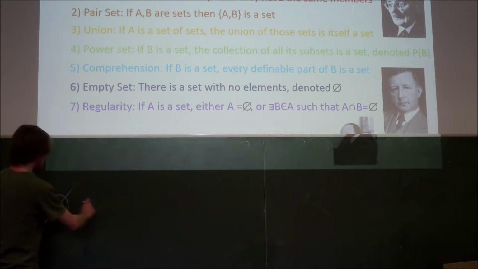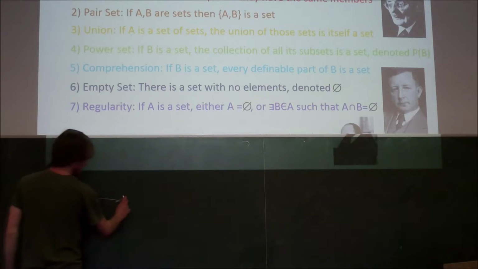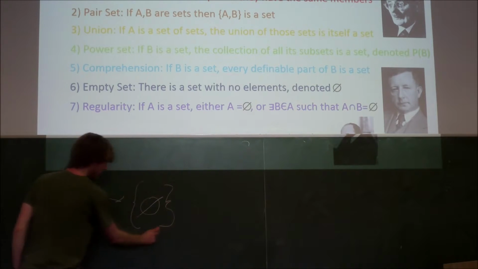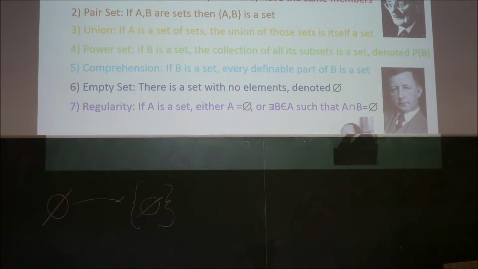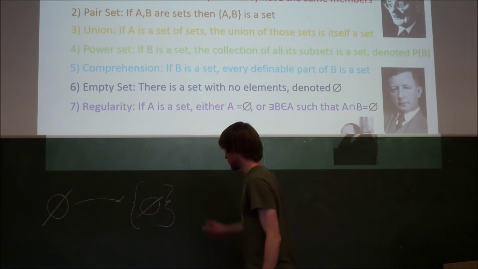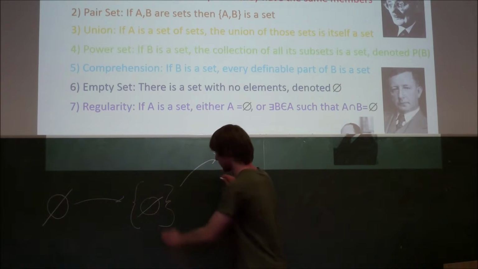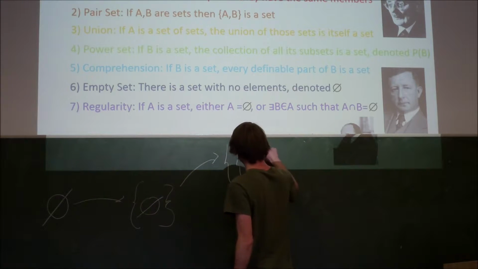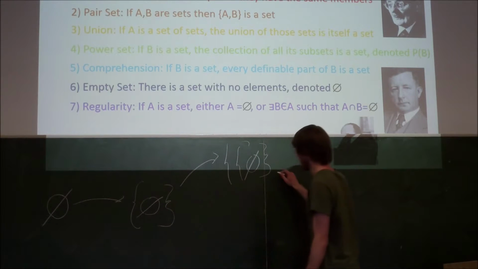For example, we showed before that if phi is a set, then the set containing phi is a set. And we've also shown that, directly from the axioms, we can take the power set of this, which is all of the subsets. This thing itself looks like that.